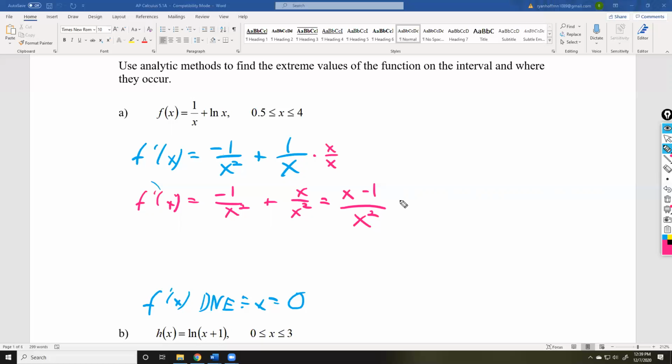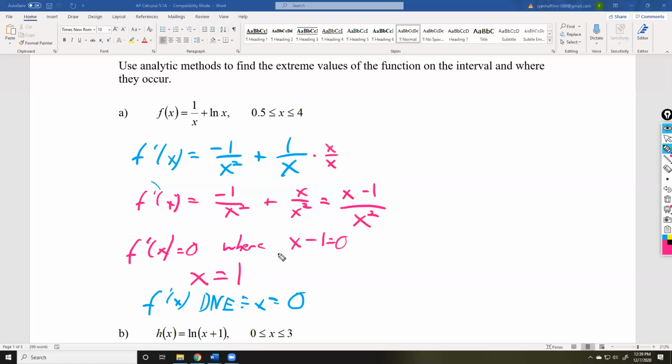So this is another way to write this function. Now if we're figuring out where f prime of x equals 0, well, that's where x minus 1 equals 0. So that's at x equals 1. So 1 and 0 are our critical points.